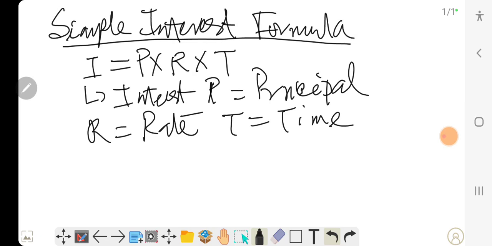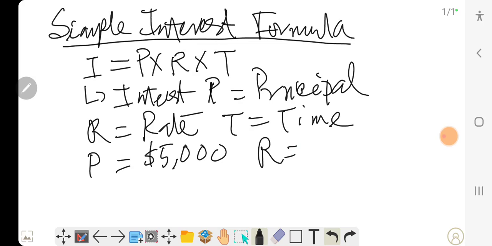Say for example, I am borrowing a principal amount of $5,000 at the interest rate of 5%. I'll put it in decimal, 0.05, which is 5%, for a time period of 4 years.